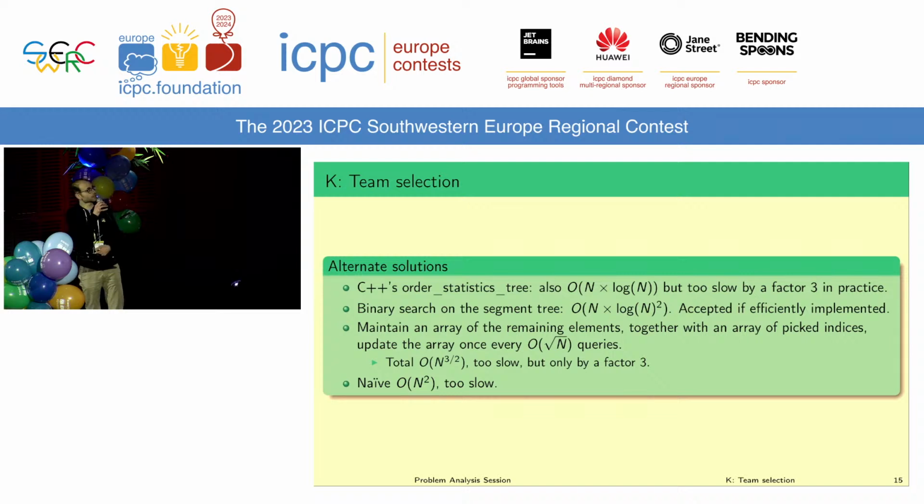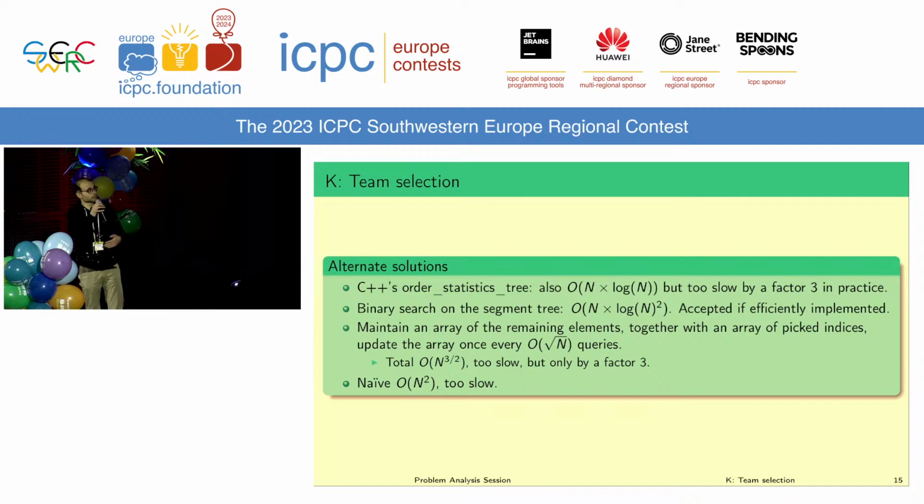Another solution was to run a binary search on the segment tree for each choice of the players, which leads to a slightly worse n log² n solution. But some of those solutions were accepted because they were pretty efficient in practice.